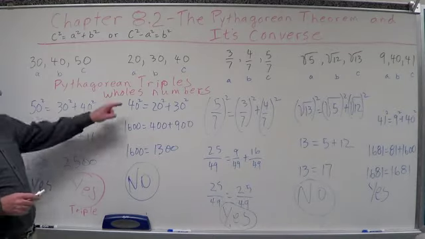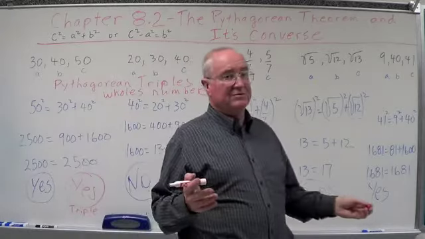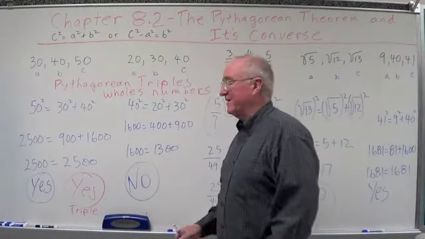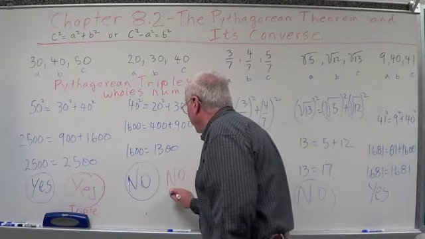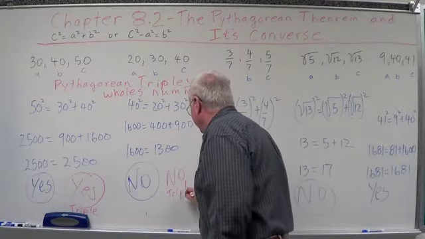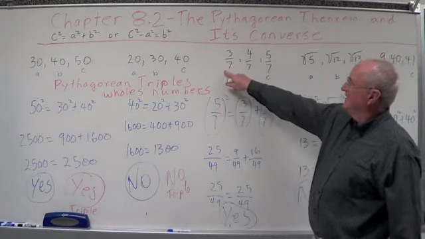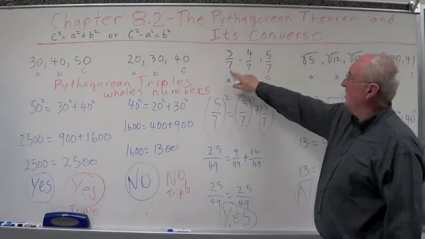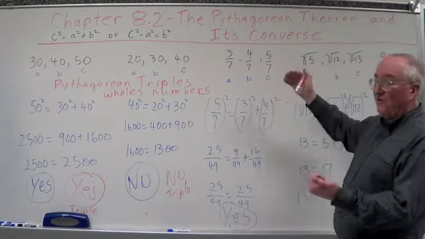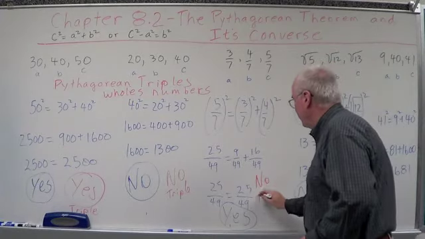Look at this one. Is this a Pythagorean triple? They're whole numbers. Do they satisfy the Pythagorean theorem? No. No triple. Why? Because they don't satisfy it. Is this a Pythagorean triple? Are they whole numbers? No, they're not whole numbers. So no triple.